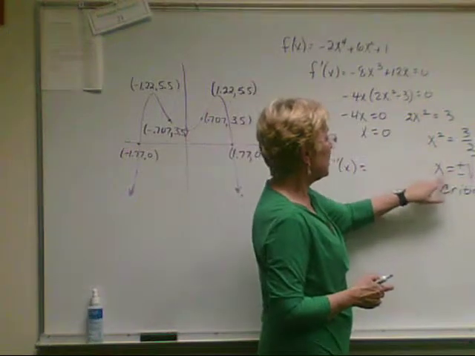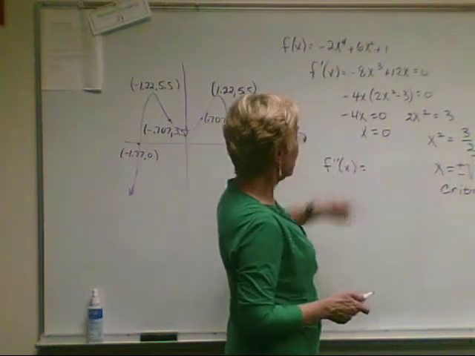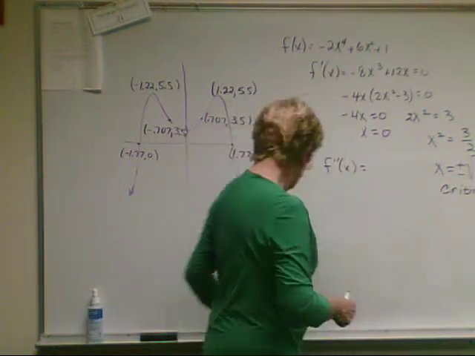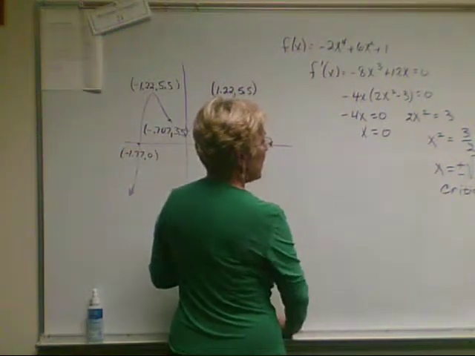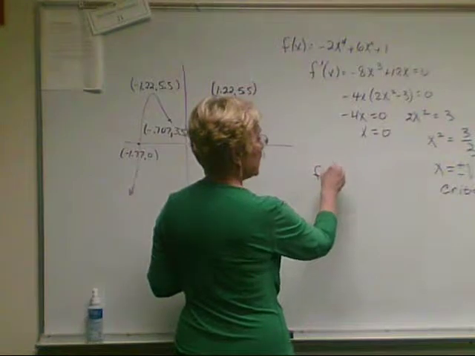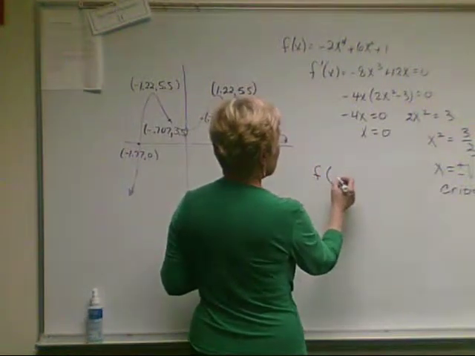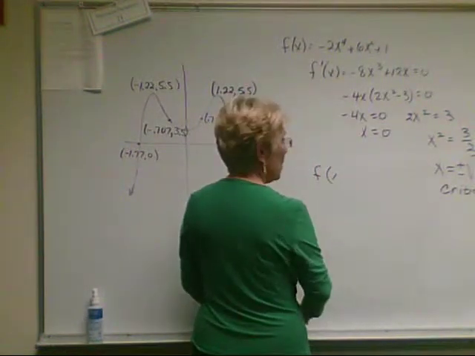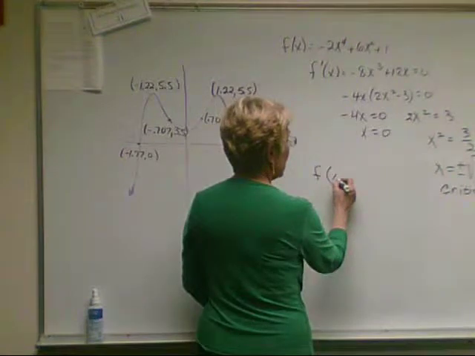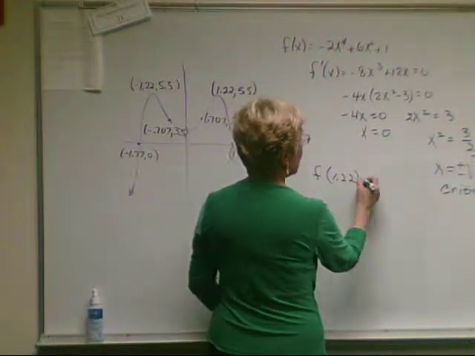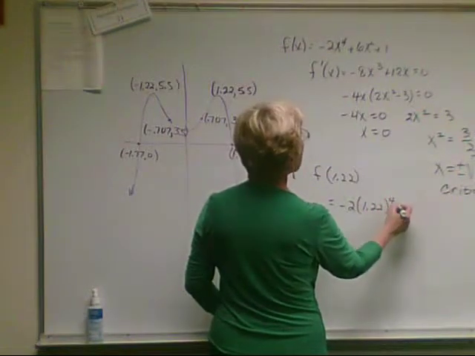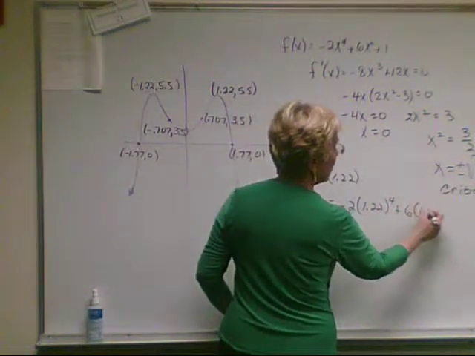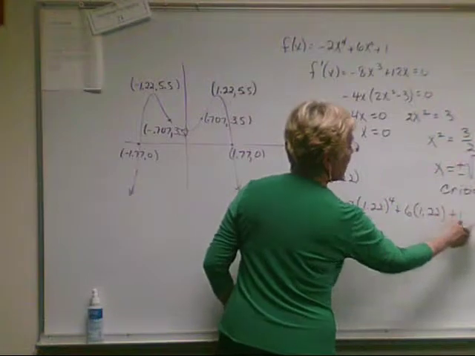So we plug this into the original function. And I think I'm going to erase what I was starting to do next and say that we plug this into f of x, and we plug in 1.22, and we get negative 2 times 1.22 to the fourth plus 6 times 1.22 squared plus 1.